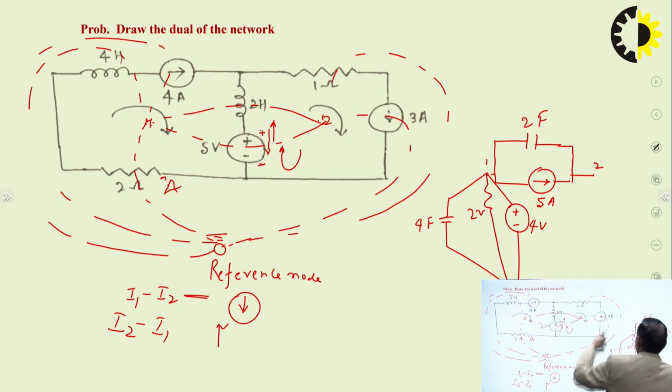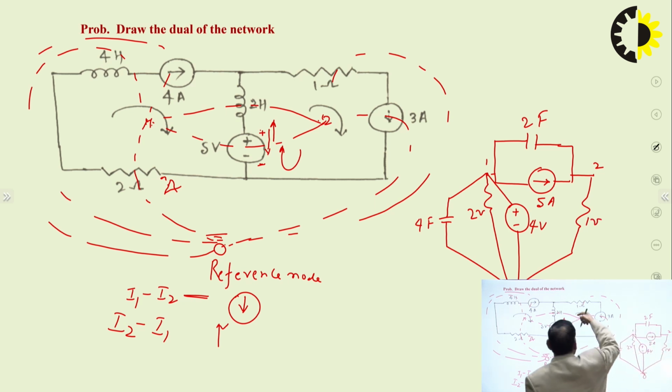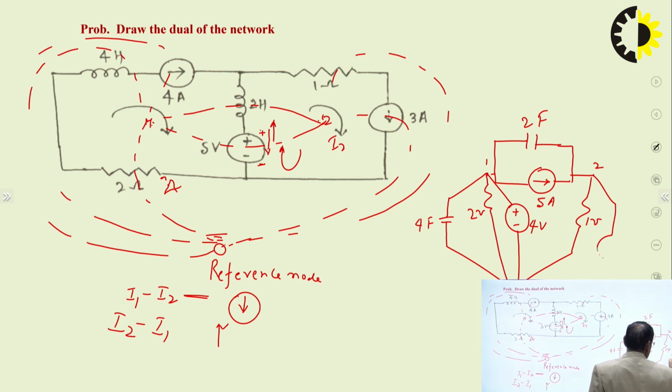Now come to there. So the difference between this 2 and 2 is 1 mho. And now look at here, this is your I2 and it is supporting the direction of the current source.